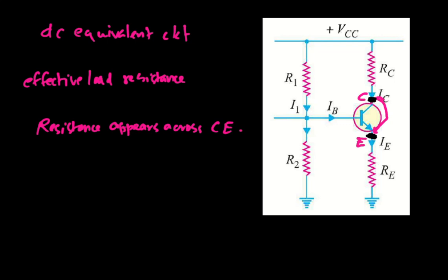and also we have to short all the voltage sources. So we have to short this VCC. So then if we short this VCC, then the resulting circuit will look like this.